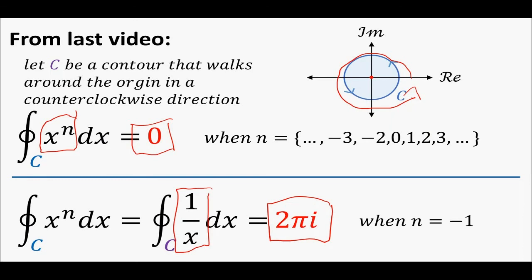We figured all this out in the last video, and today we're going to see how this is really powerful for us, and we're going to exploit this power and somewhat heuristically derive Cauchy's integral formula. So let's go. The way we're going to do this is a little quiz, and for anyone who thinks I'm going a little too fast, go ahead and pause the video and work out the problem yourself.